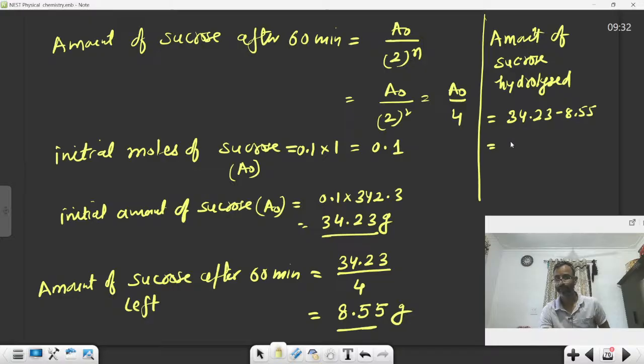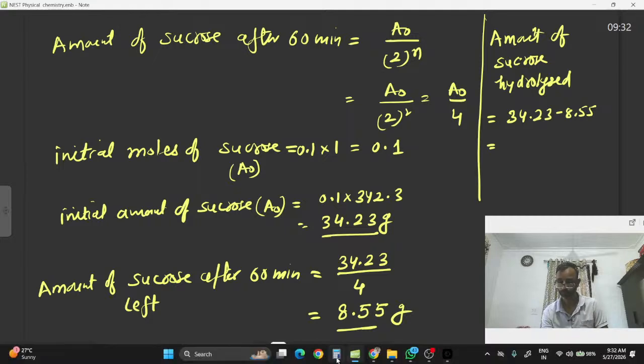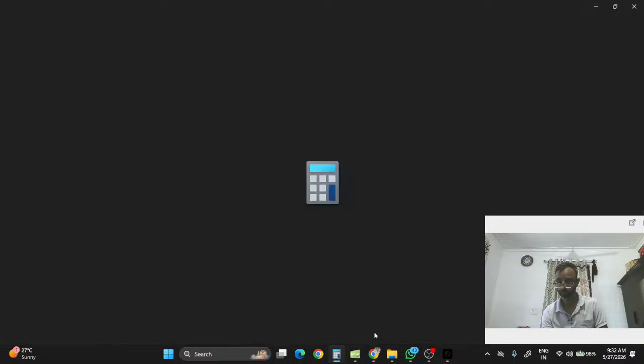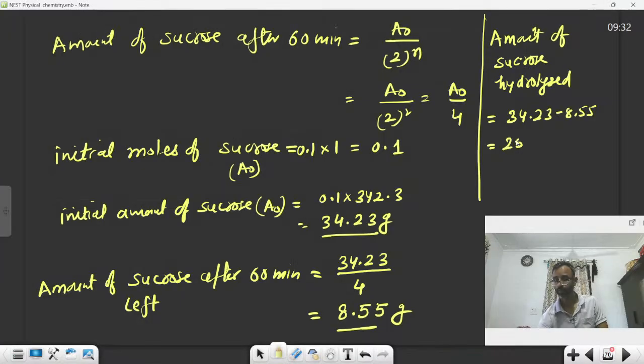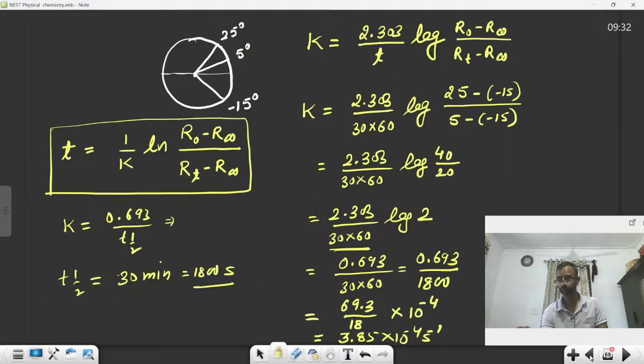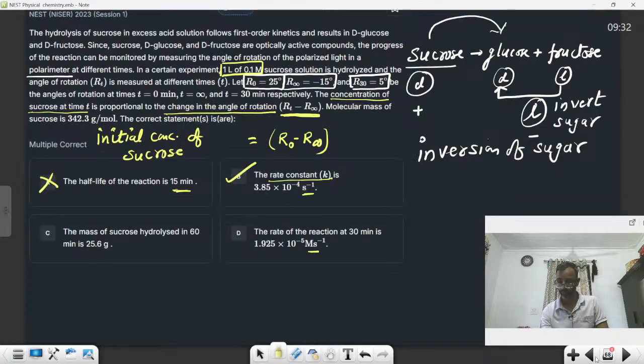So how much is left? 34.23 minus 8.55 is 25.68 gram almost. So option C is also correct.